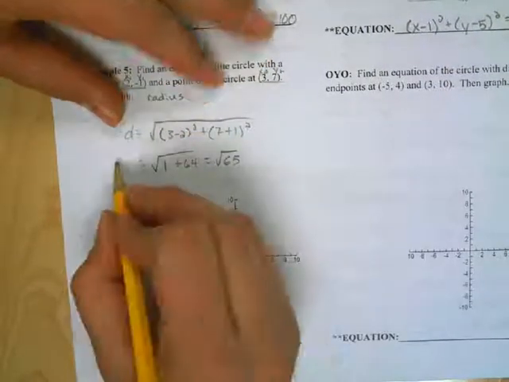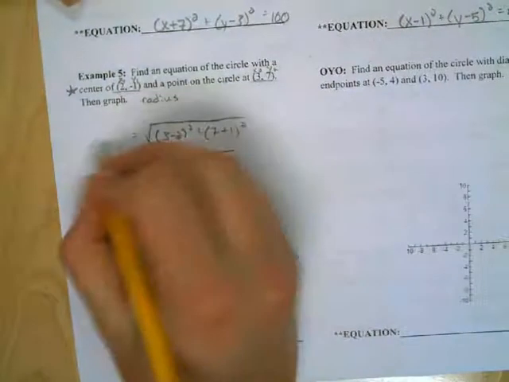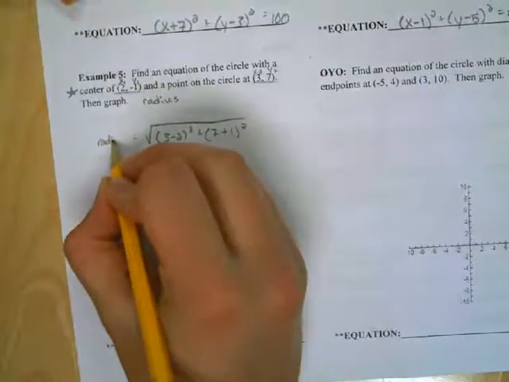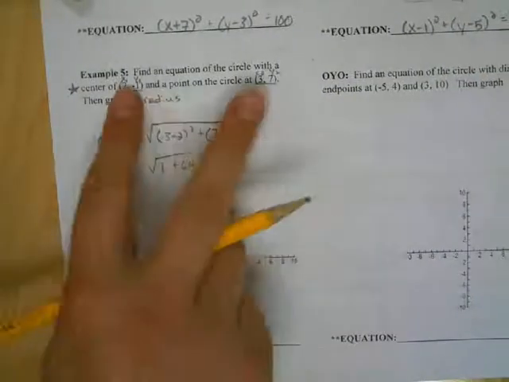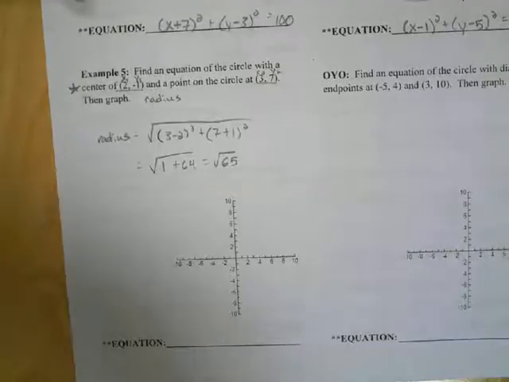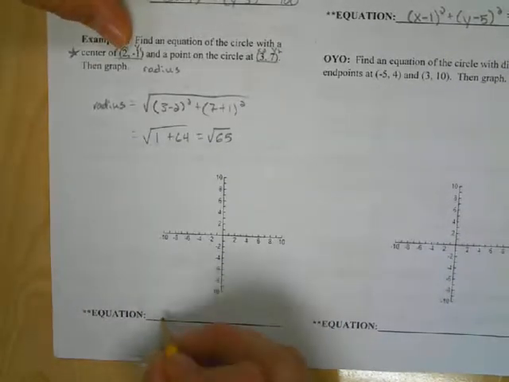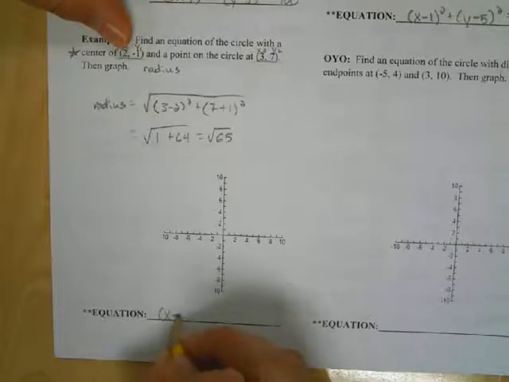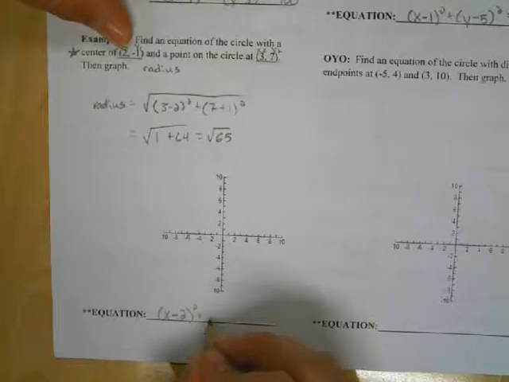So this is my, sorry, not d. I keep writing d because it's distance, but this is technically the radius. Okay, so from the middle to the outside, that's the 2 points I'm using, so that's my radius. So writing my equation, I've got my center, so h is 2, so we go (x minus 2), make sure you change it, squared plus (y plus 1) squared.